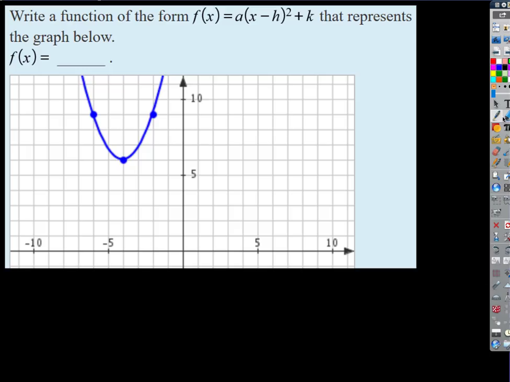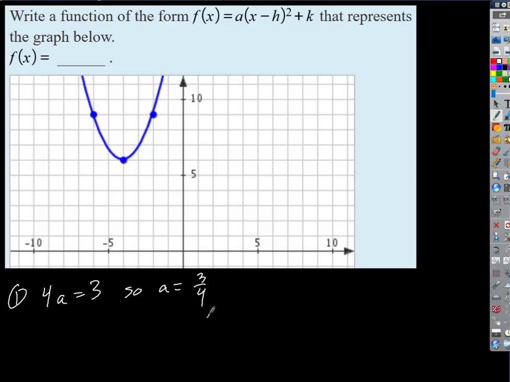So step 1, this time, is we know that 4 times a has to equal positive 3, because that's what we ended up with. So we dilated it to get that graph. So a, if I divide both sides by 4, equals 3/4.